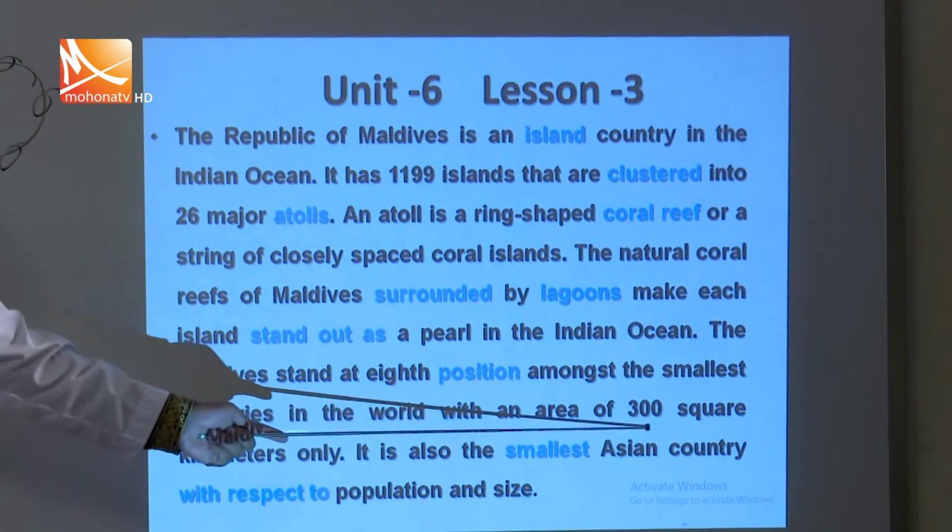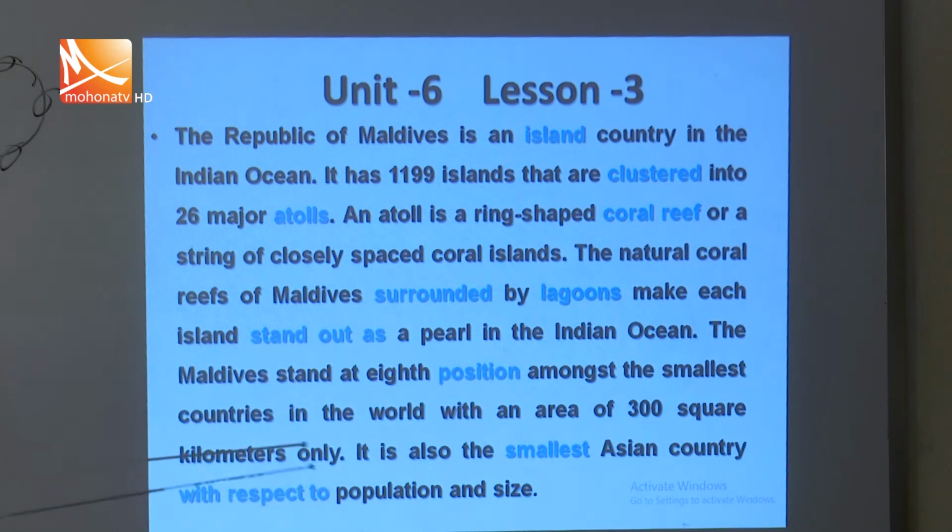Area of Maldives, 300 square kilometers only. And it is the 8th smallest country in the world. The smallest country in the world is Vatican City, and it is beside Rome. So it is the smallest country, and Maldives is 8th.